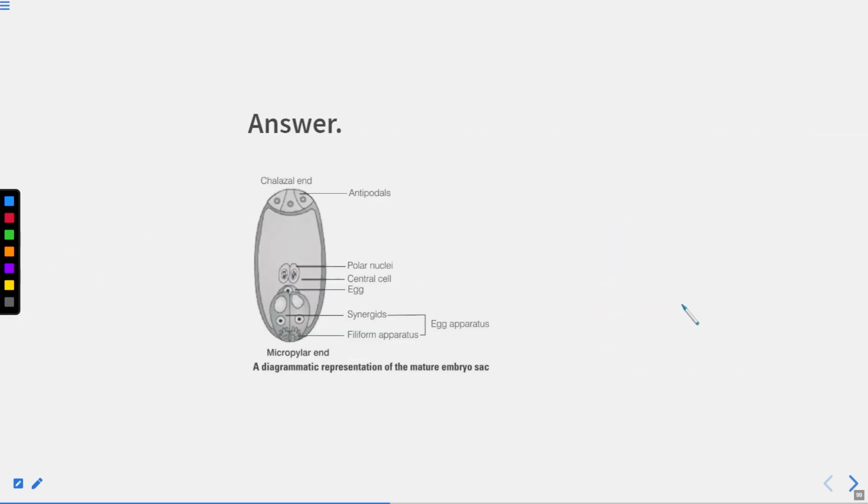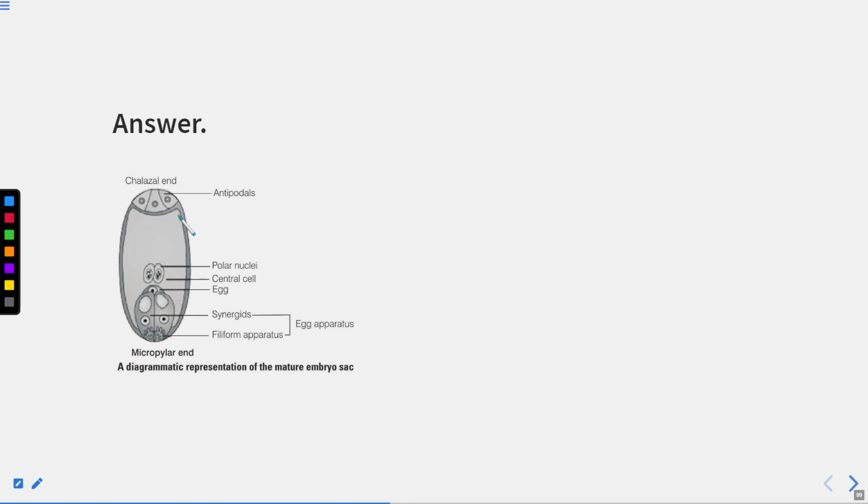This is clear. So here you can see a diagrammatic representation of the mature embryo sac. At the chalazal end, antipodals are present, so 3 nuclei from here. Here we have 2 polar nuclei, and these 2 fuse later to form the central cell.